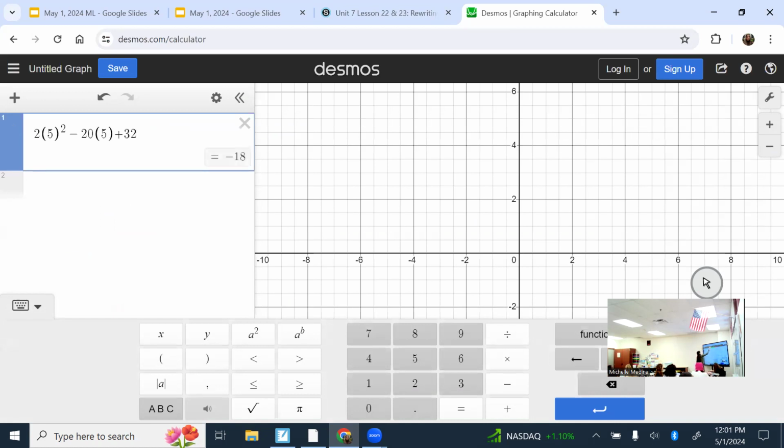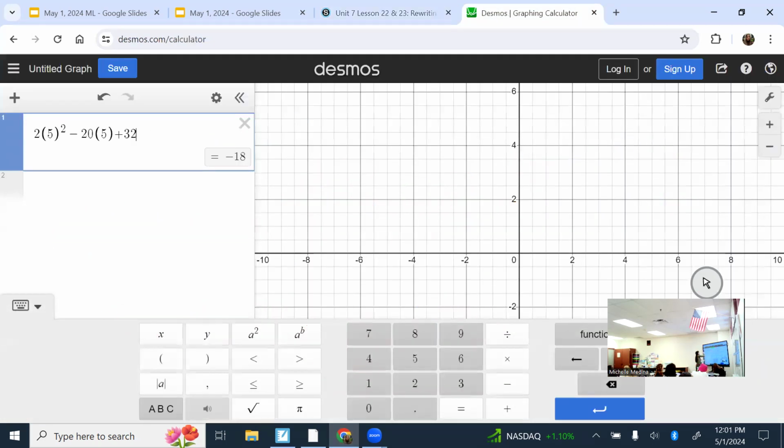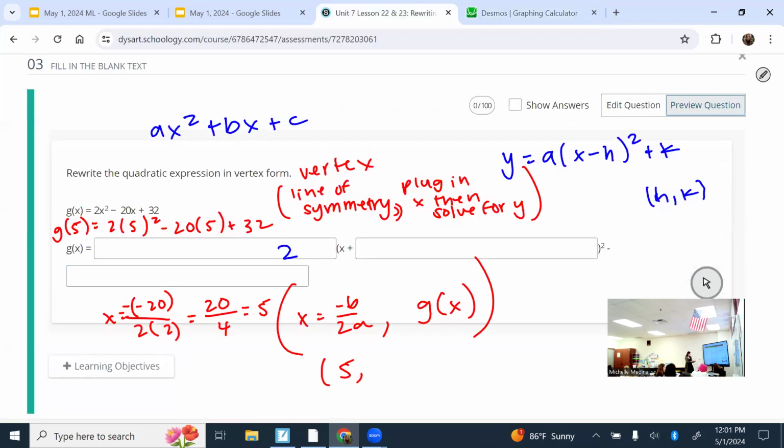Okay. So I'm getting that the y value of my vertex is negative 18. So then this is my vertex.